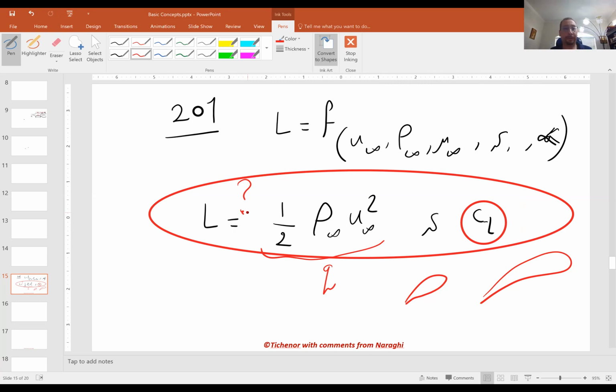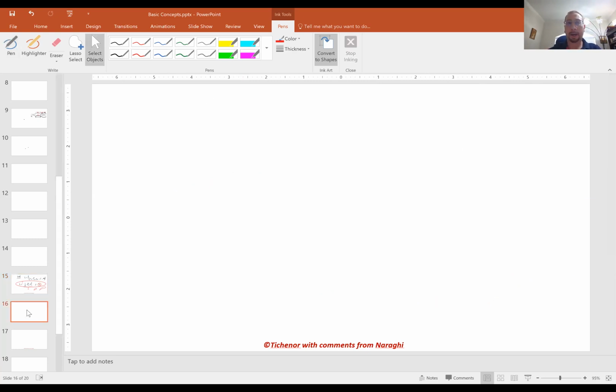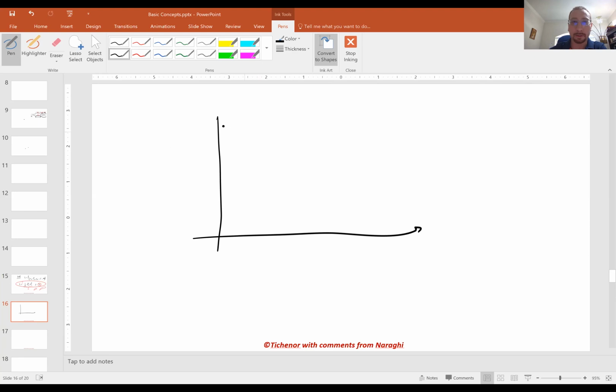And if I want to validate that, one thing I can do is design an experiment in which I change the surface area.